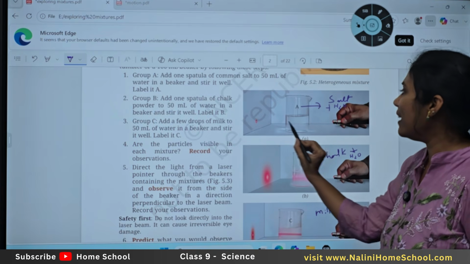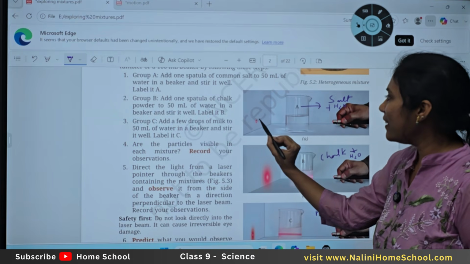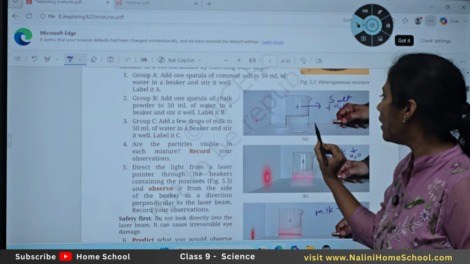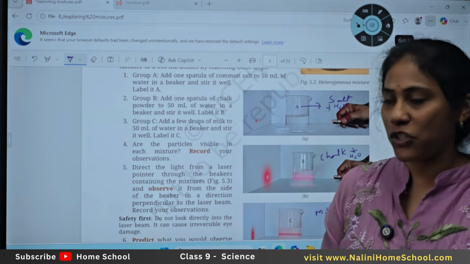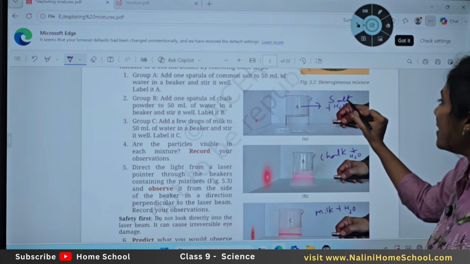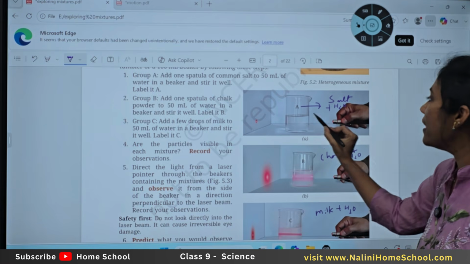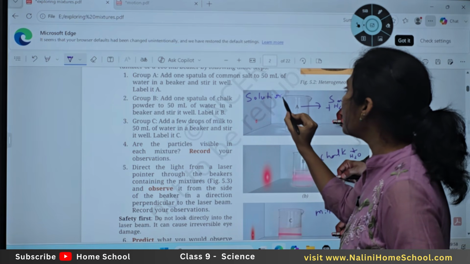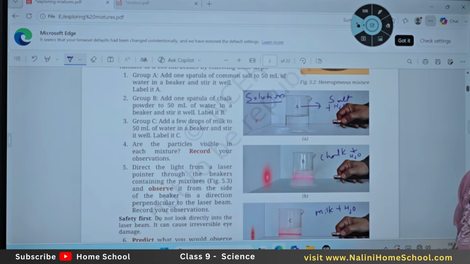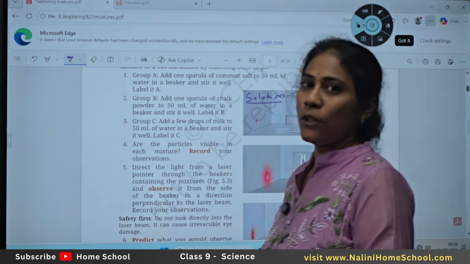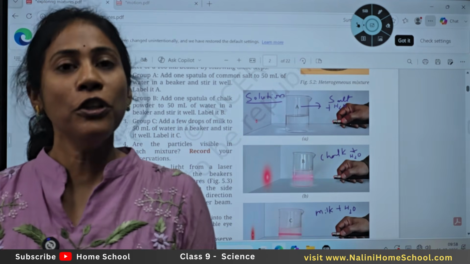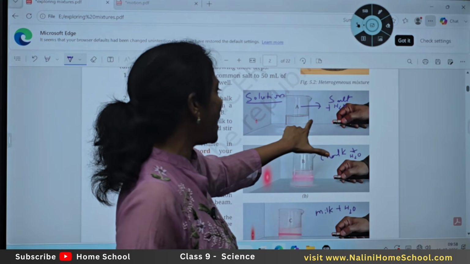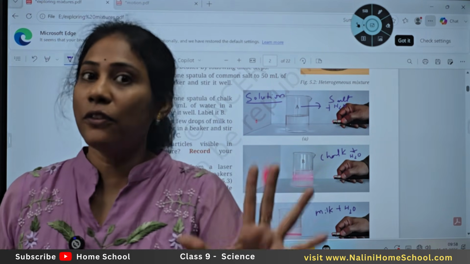That pink color laser light, directly you can see its dot here, but you can't see the path traveling through the mixture, isn't it? Salt and water combination is an example for solution. Any clear, pure solution, through which when you pass a light, the path of light passing through the solution is not visible.